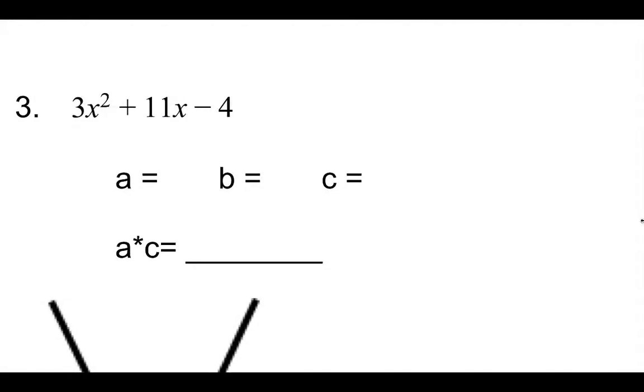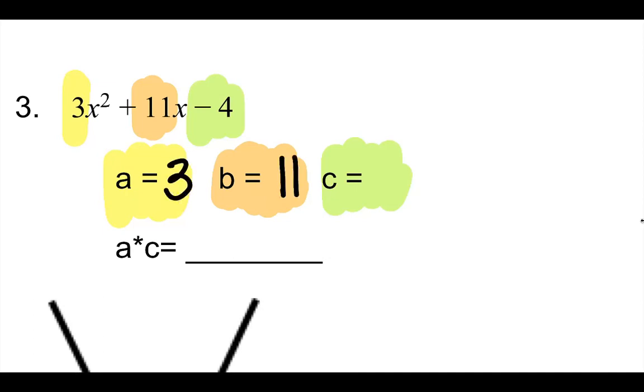3. Again, A is how many x squareds we have, B is how many x's we have, and then C is over here by itself. So I've got 3, 11, and negative 4. A times C is really 3 times negative 4, which is negative 12.